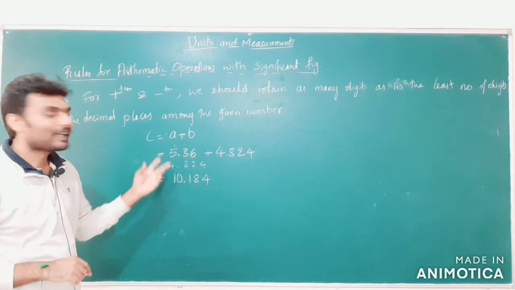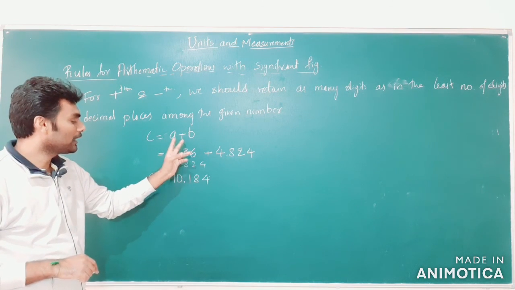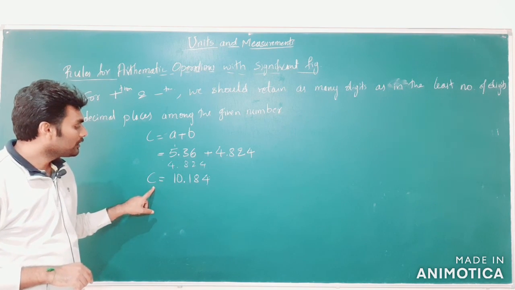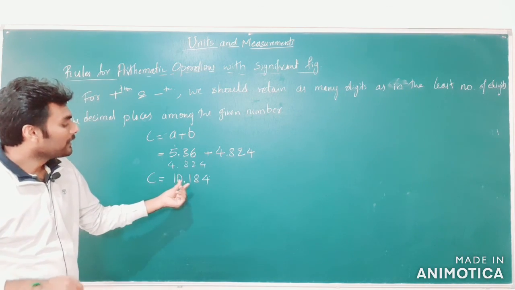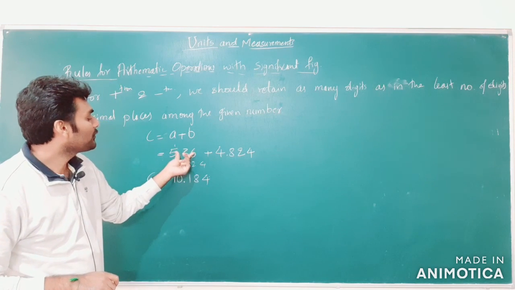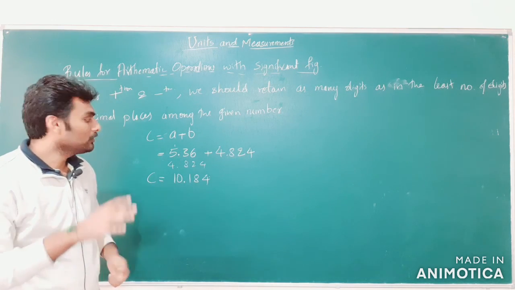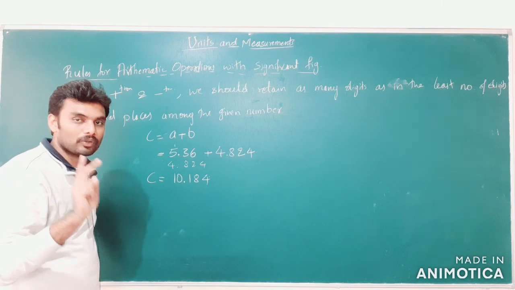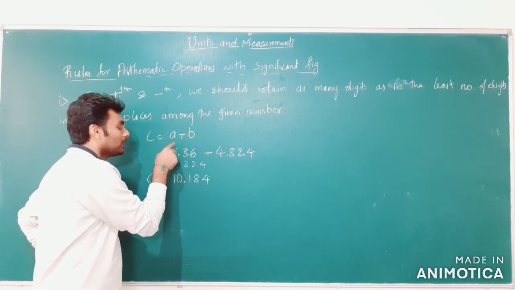But when we are adding two values like this from measurements, the final value C, the sum of those two, should have the least number of decimal places among the two given numbers. We are adding only two numbers, A and B. What is the number of decimal places in the number A?